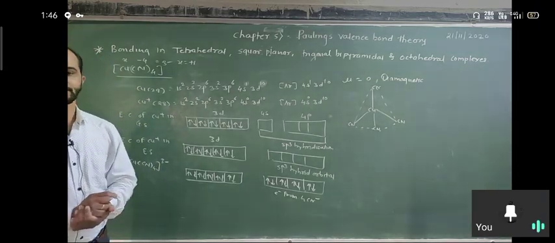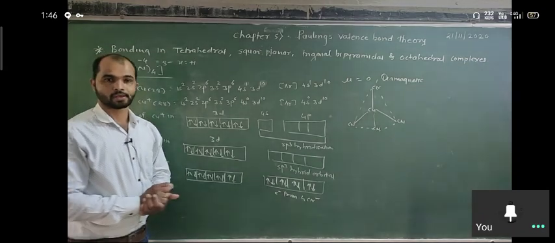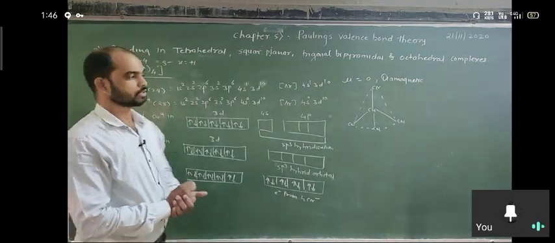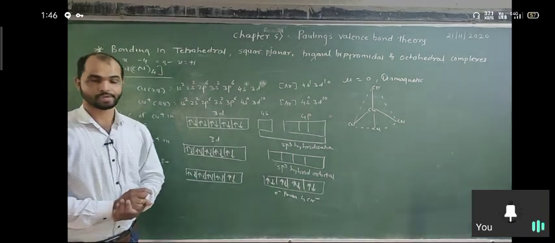There is no unpaired electron, that means the magnetic moment of the complex is 0, hence it is diamagnetic in nature. The sp3 hybridization suggests tetrahedral geometry.